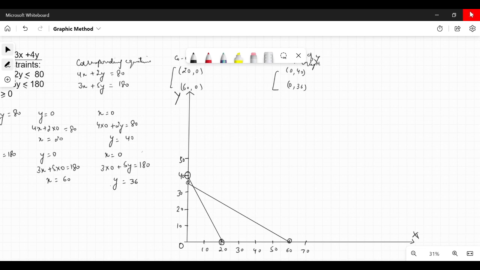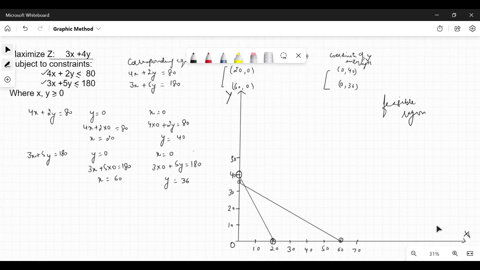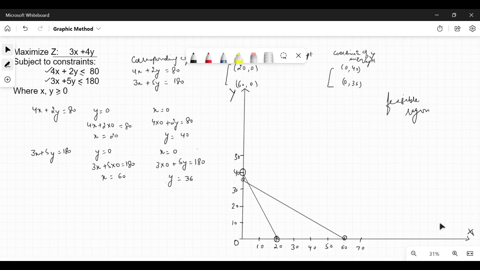Now we have to find the feasible region. Now the question is, what is the feasible region? Basically, the feasible region is the common region determined by all the constraints. If you look at these two equations, in both the sign is less than or equal to.